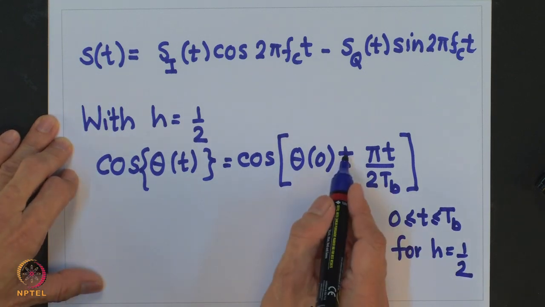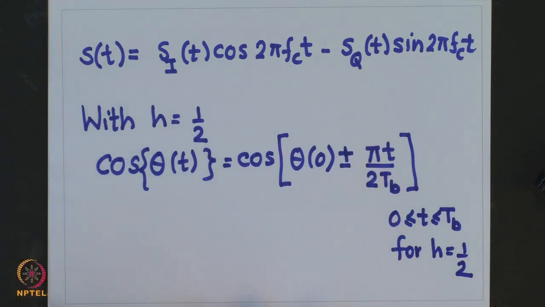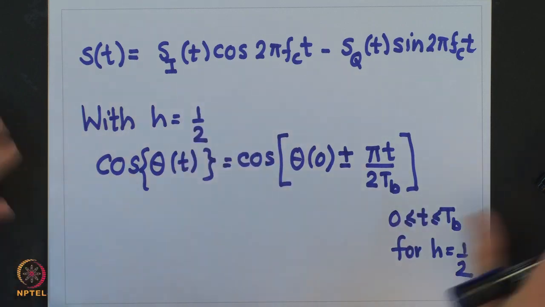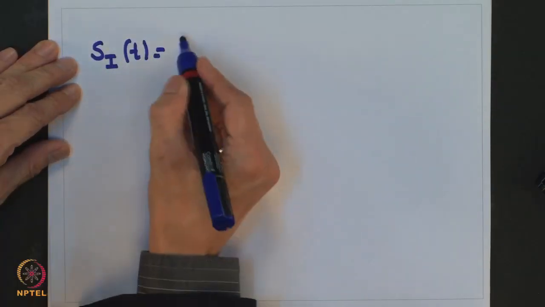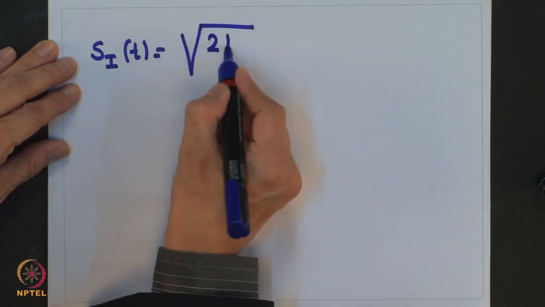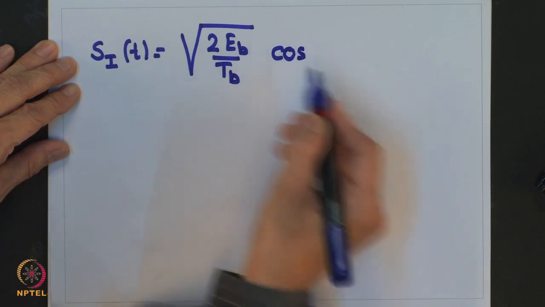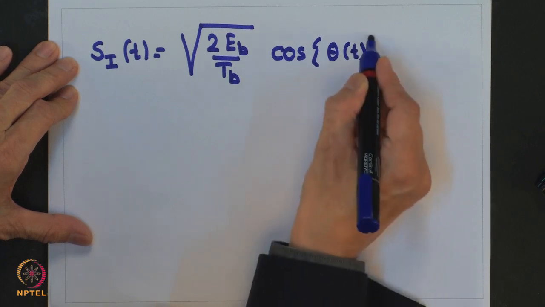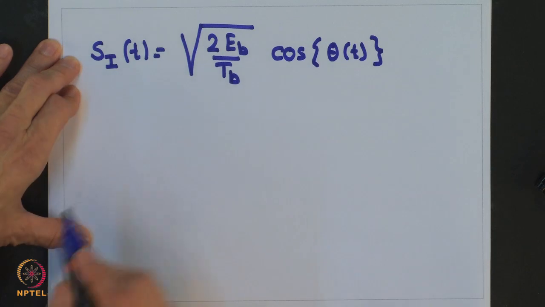Remember, plus is for the transmission of symbol 1 and minus is for the transmission of symbol 0. Now, note that your s_I(t) is of the form root 2 Eb by Tb cos theta(t). So, this is a cosine function out here.